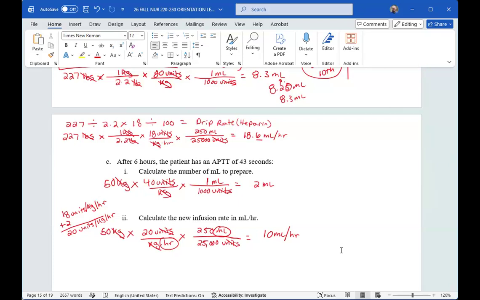I just have a couple extra things that are a little bit different. If you 220, 230 students have additional questions, please email me and I will make sure to reply and answer any additional questions you might have from your packet.